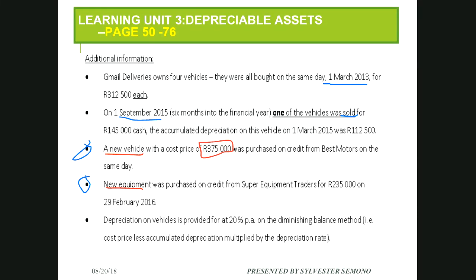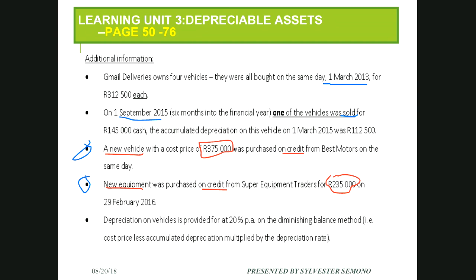Are we together? The same applies to equipment. We are going to record under equipment under which side? Under the debit. What is the contra account, because we bought on credit? Creditors control. But this is the cost that we're going to record. Are we okay?